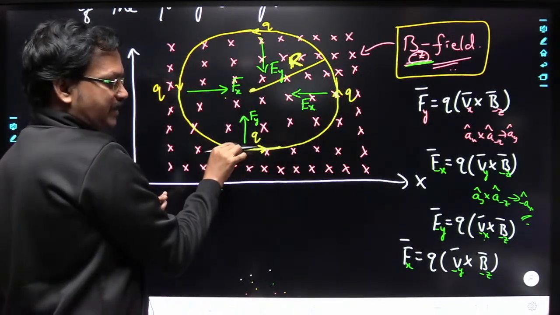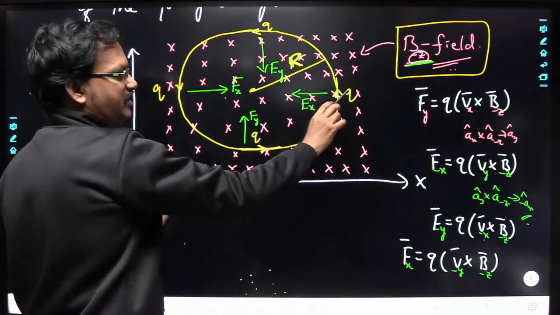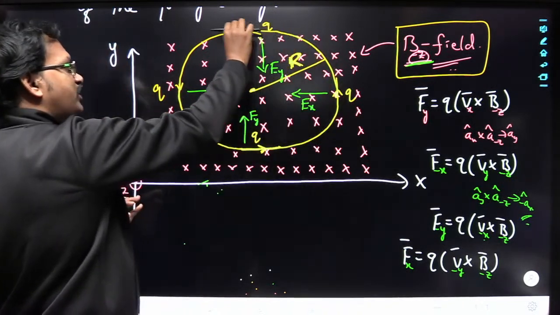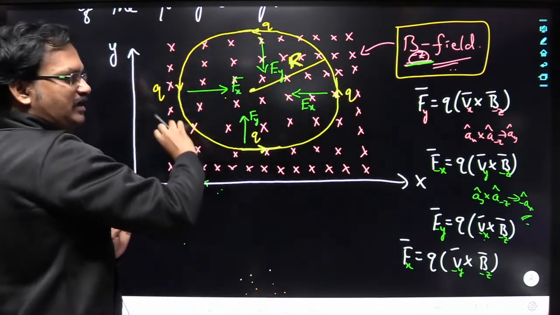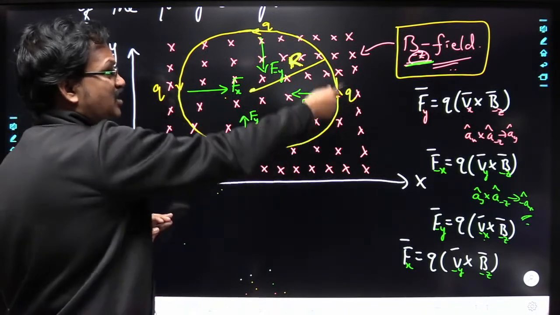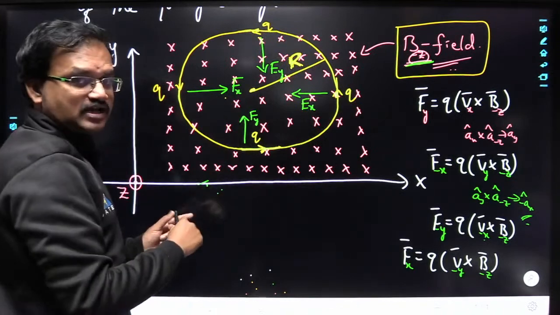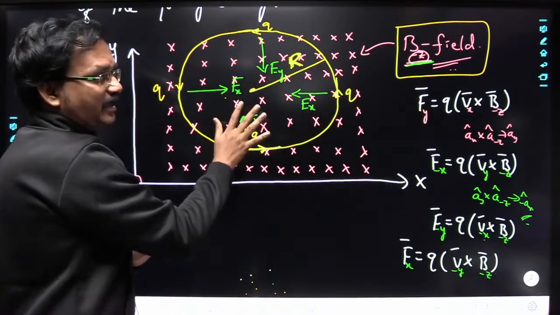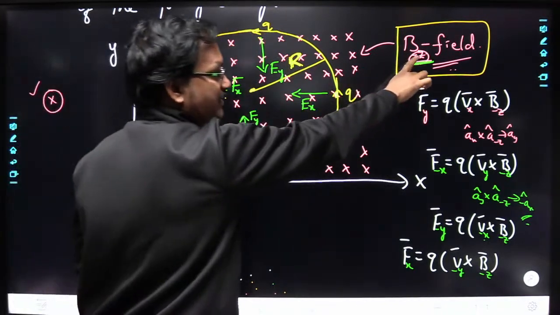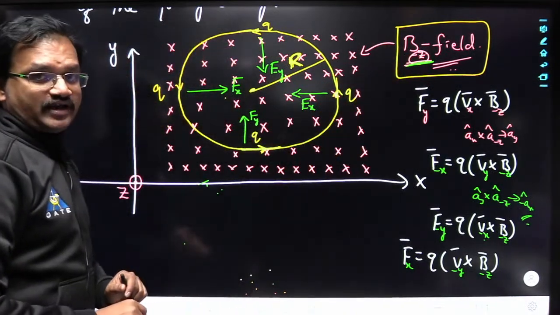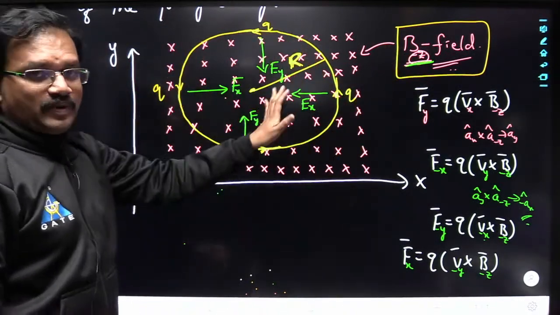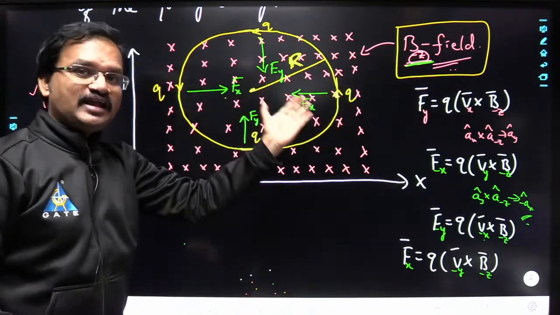Here it is moving in x direction, here in y direction, here in negative x, here in negative y, like this. So that means the velocity of the charge is in the xy plane, and the magnetic field is in the negative z direction.